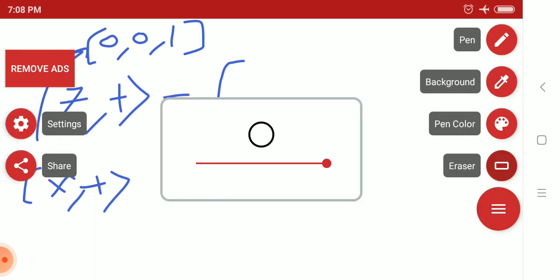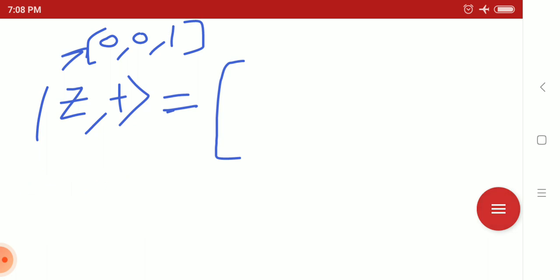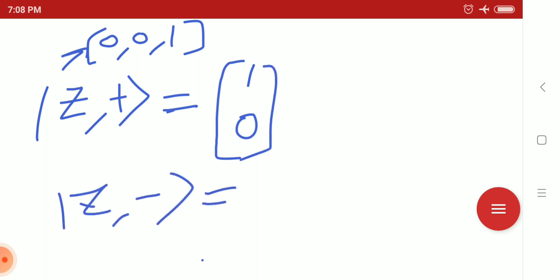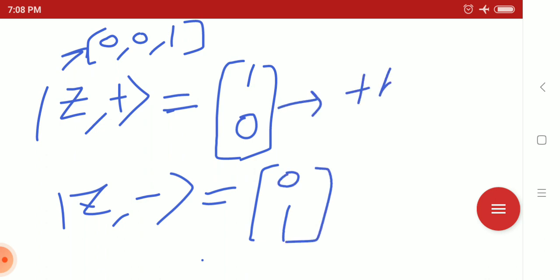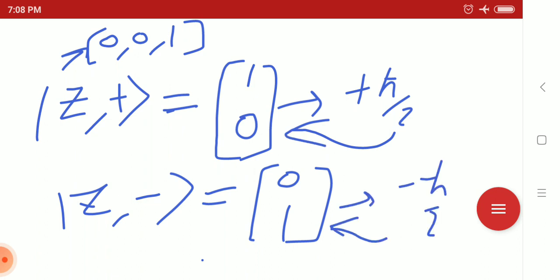But the eigenvector of z plus is 1, 0. Eigenvector of z minus is 0, 1. Corresponding to eigenvalue plus h cut by 2, it has eigenvector 1, 0. Corresponding to minus h cut by 2, it has eigenvector 0, 1.